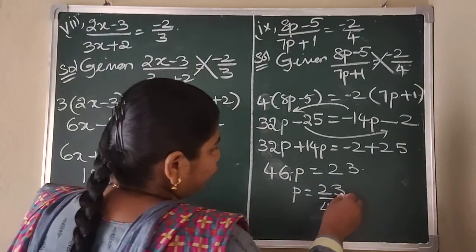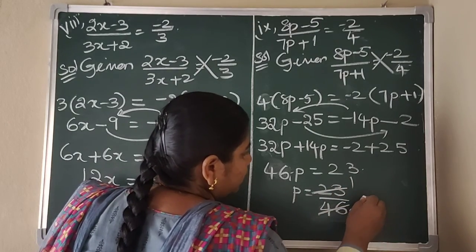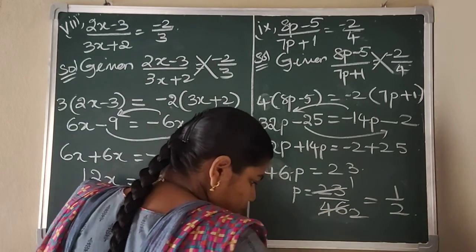So you can cancel here: 23 ones, 23 twos. So it will be 1 by 2.